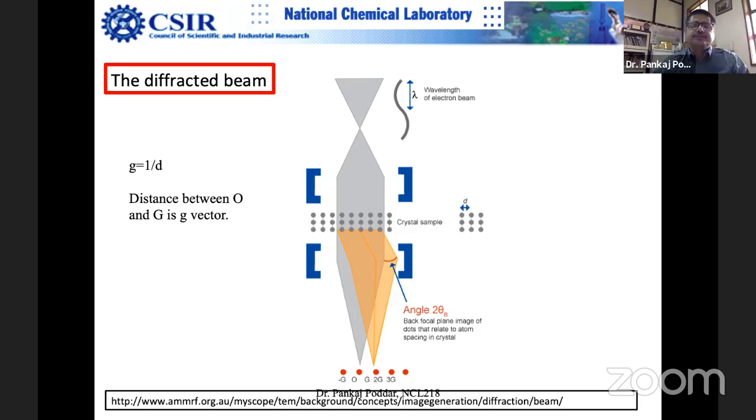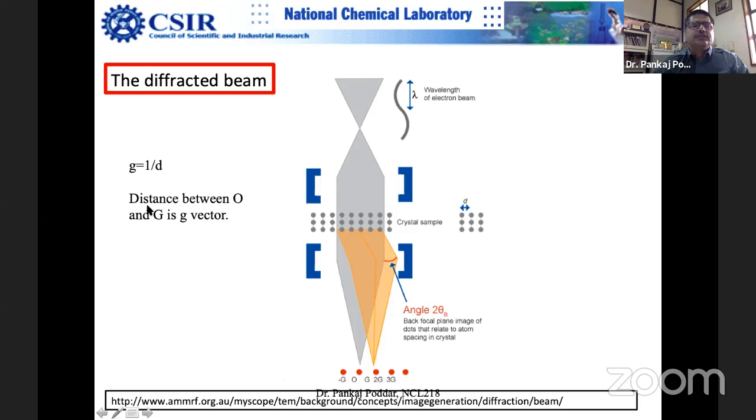And all those beams which diffract at angle 2 theta B, right? They will form this one, basically g, right here, and minus g, and then other higher orders will form 2g and minus 2g here, 3g and minus 3g.